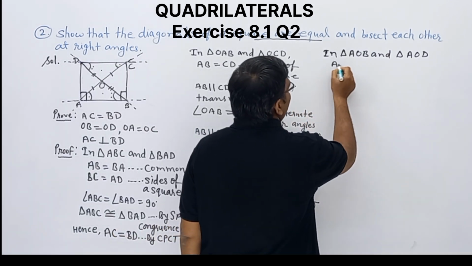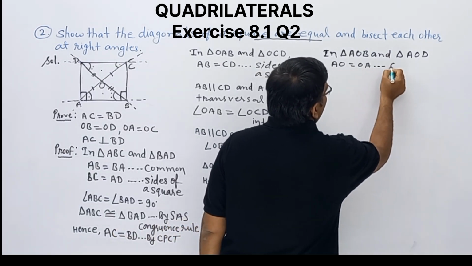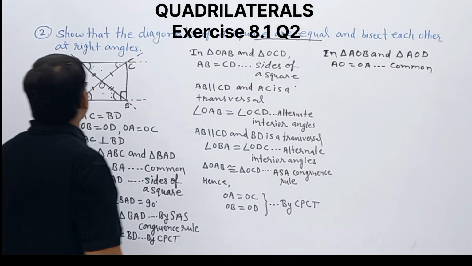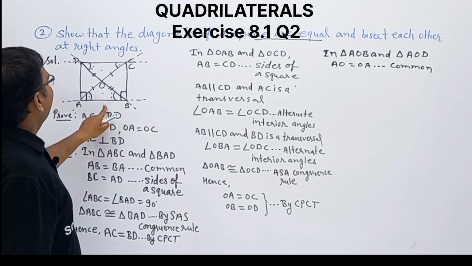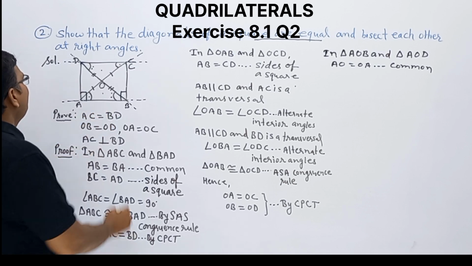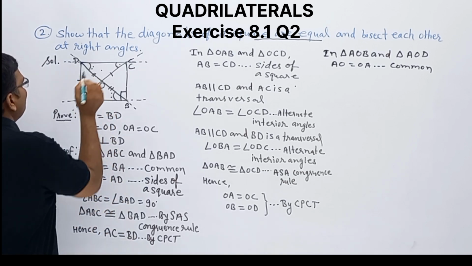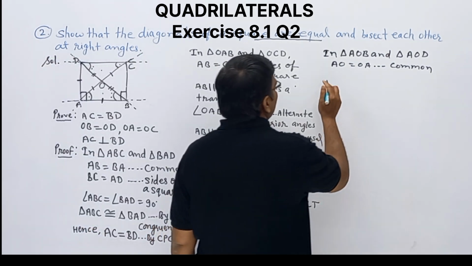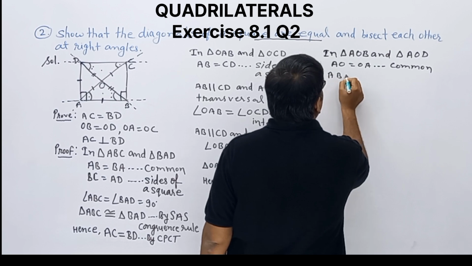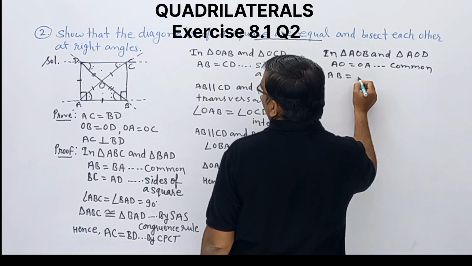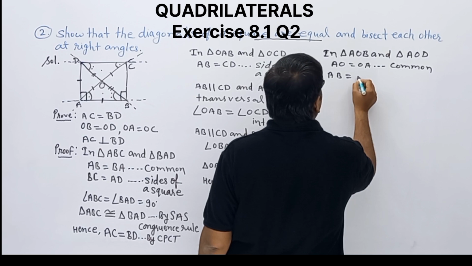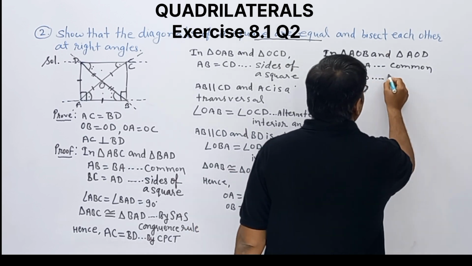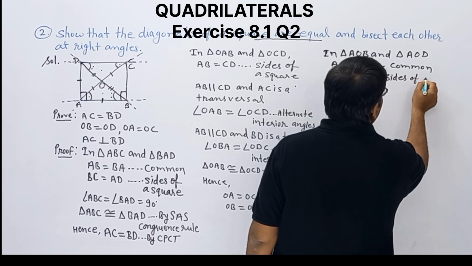So first AO equal to OA, common in both. Now next one, AB, this side equal to this one, because they are sides of a square. AB equal to AD, they are sides of a square.